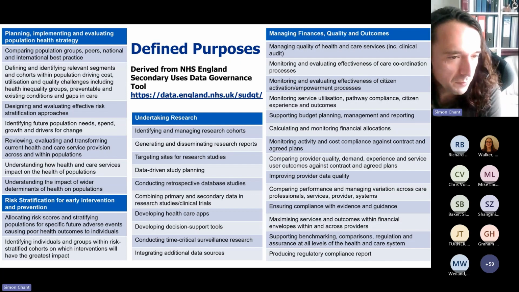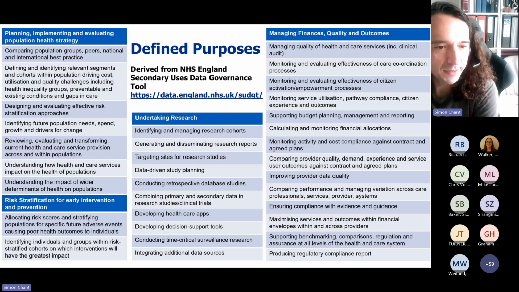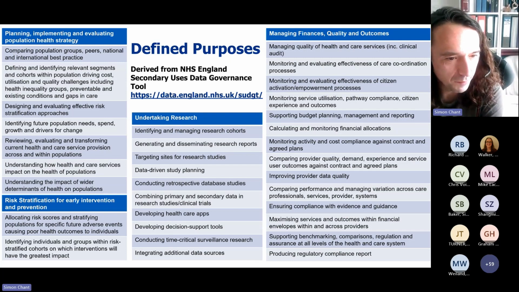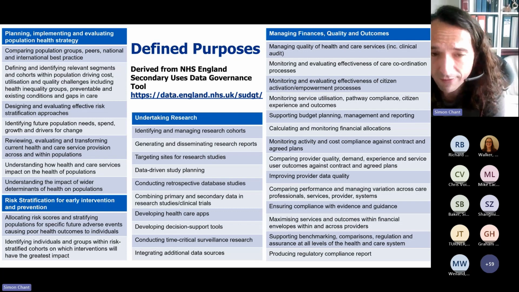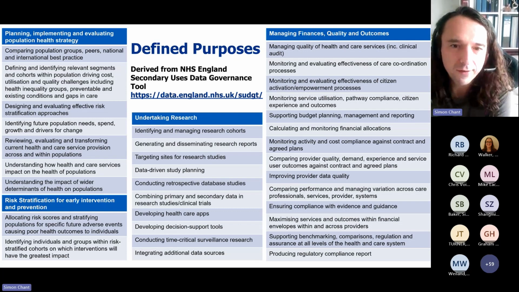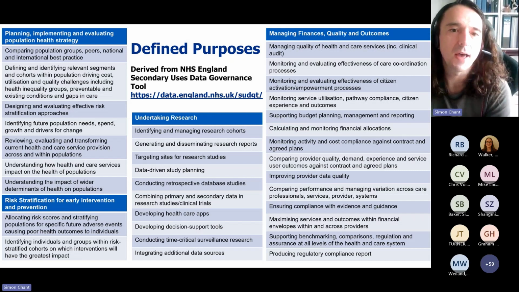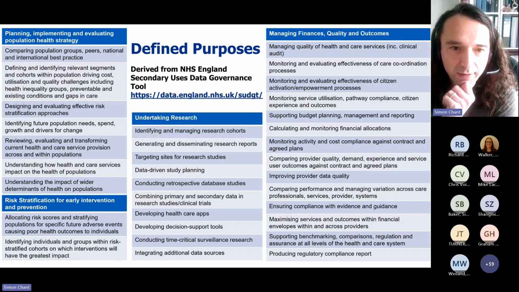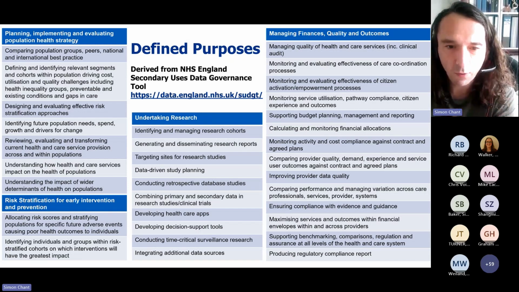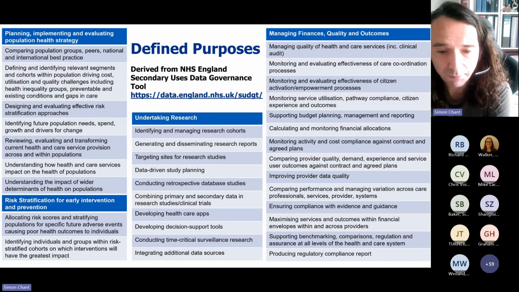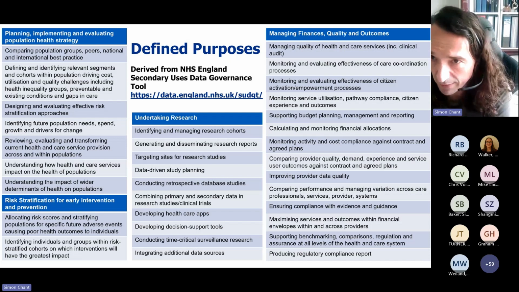We've got a block there in the bottom left for risk stratification for early intervention and prevention. So identifying risk scores and using that to identify individuals and groups within those cohorts. Then that central block is around undertaking research. So there's a variety of things there around identifying and managing research cohorts, but then also undertaking studies and developing different tools and integrating additional data sources.